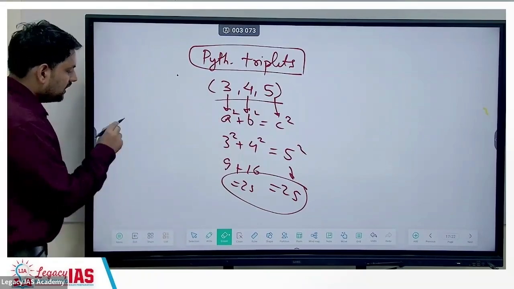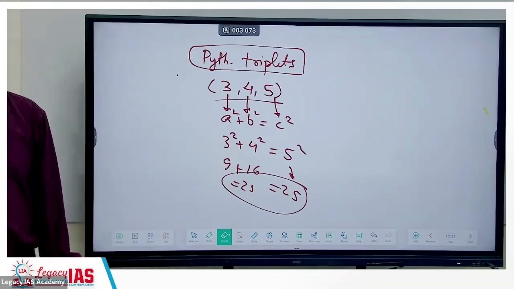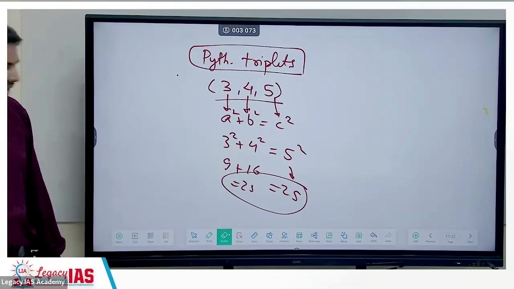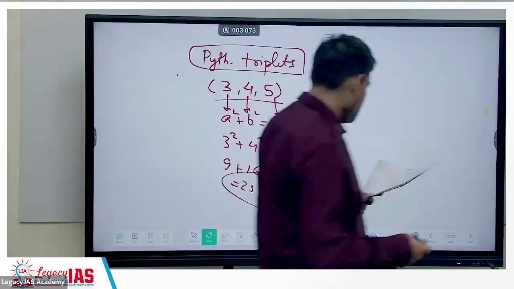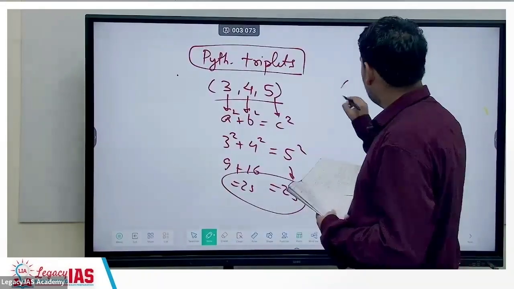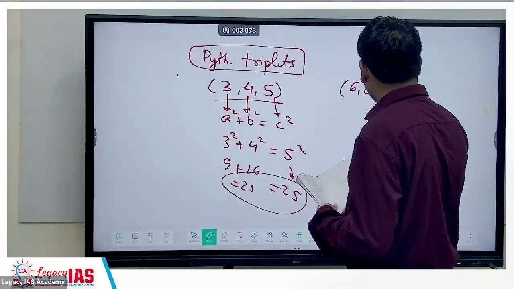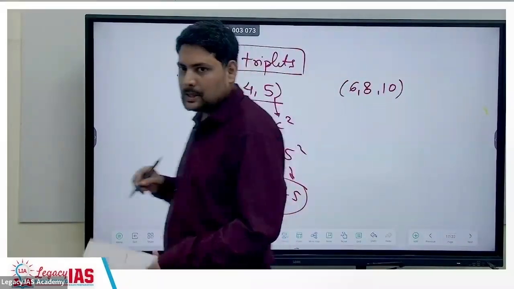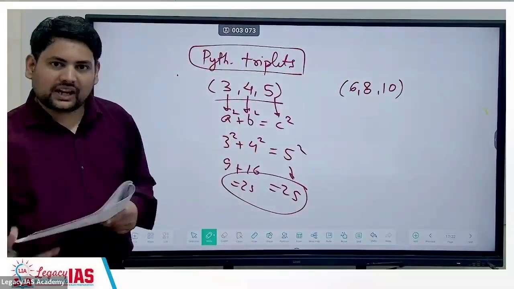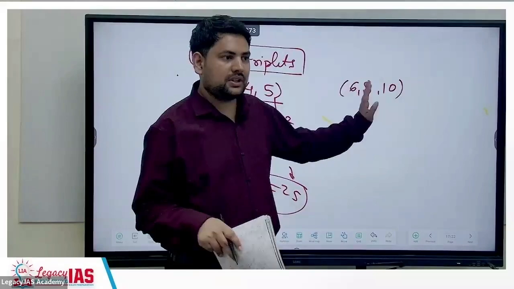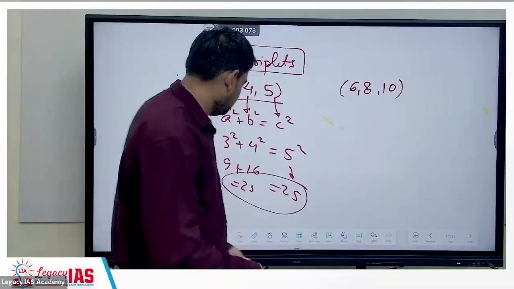Some more triplets are there that we'll remember. It will help us in calculation, because we don't want to calculate this all the time. So 3, 4, 5. Another one is 6, 8, 10. I'll write them in order only. So 6 square plus 8 square is equal to 10 square.